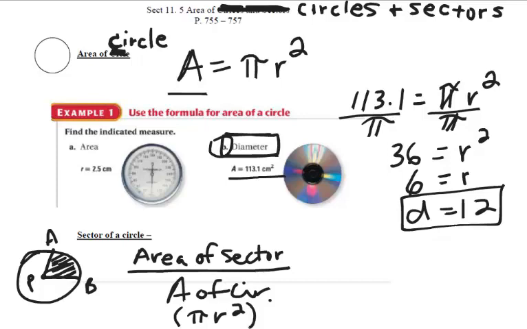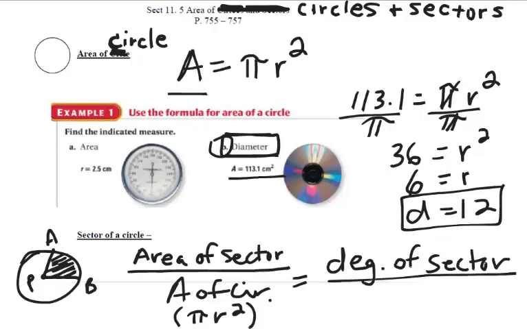So that's what we're going to put down there, pi r squared, equals degree measure of the sector. So we want the degree measure of the angle that cuts out that sector, over the degree measure of an entire circle, 360 degrees.